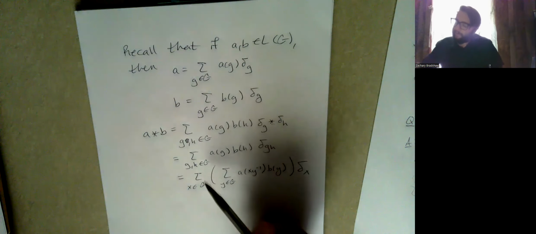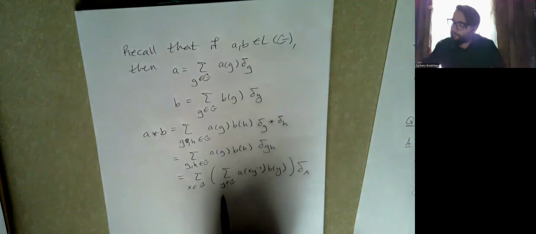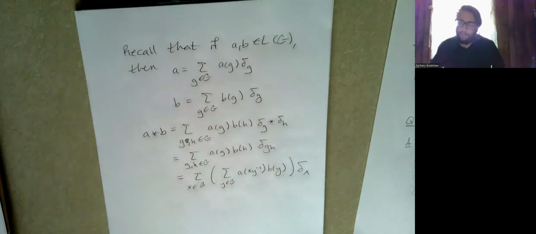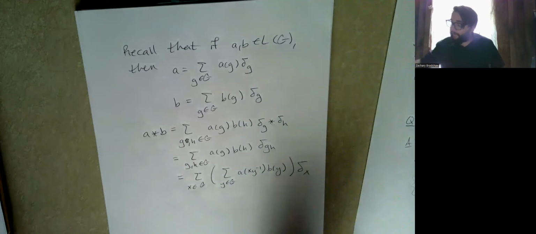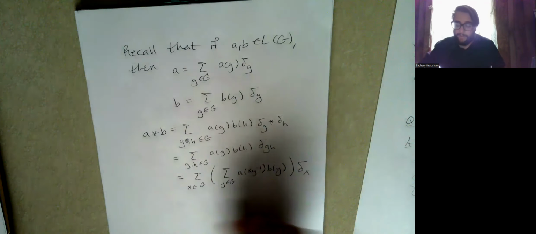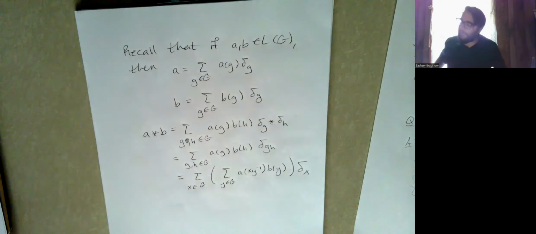And then you do the usual argument where the sum can be replaced by the new variable because it goes over the entire group. Okay, and this thing here is exactly the convolution of A with B.